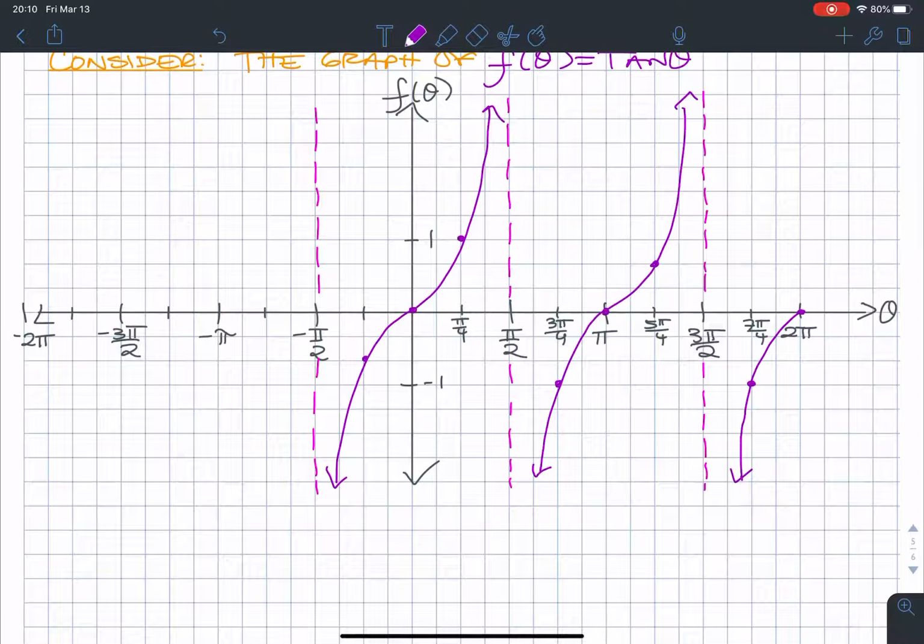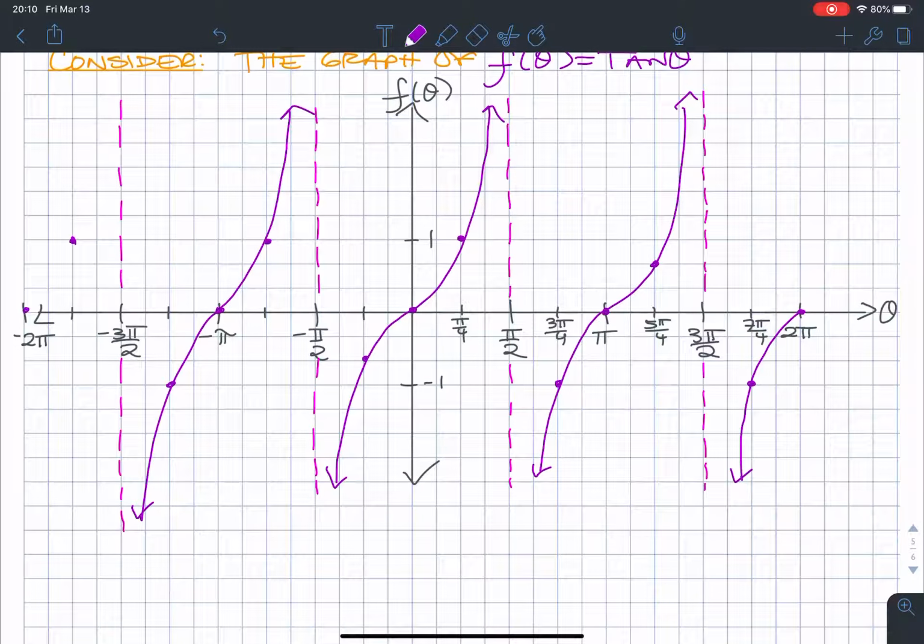I put the positive 1 in the wrong place. A positive 1 here, 0 here, negative 1 here. And then a vertical asymptote at negative 3 pi over 2, which is equivalent to pi over 2. So we have this graph here. And then positive 1 at negative 7 pi over 4, which is the same as pi over 4.